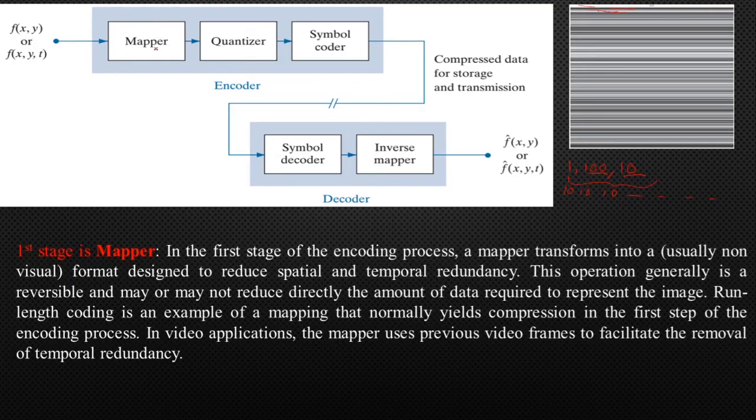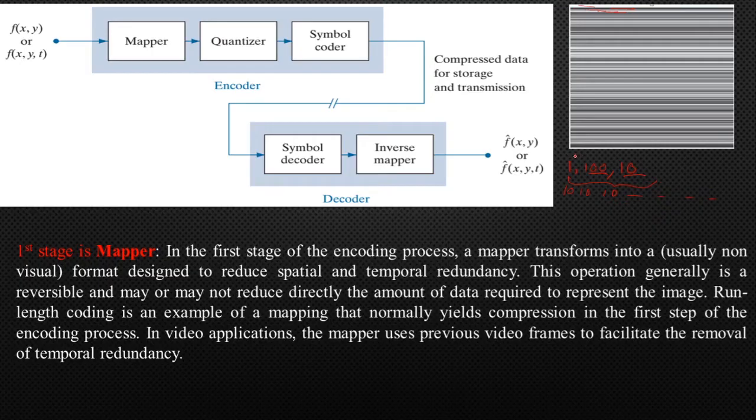So this mapper reduces the spatial redundancy in the case of images. In the case of videos, if the frames have the same intensity levels as the neighboring frames, then they can also be represented in a particular format based on the nearby frames.